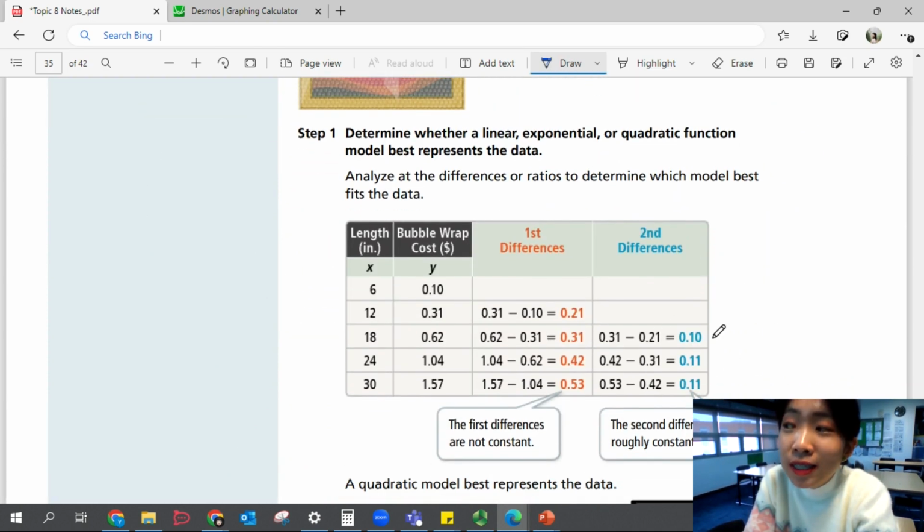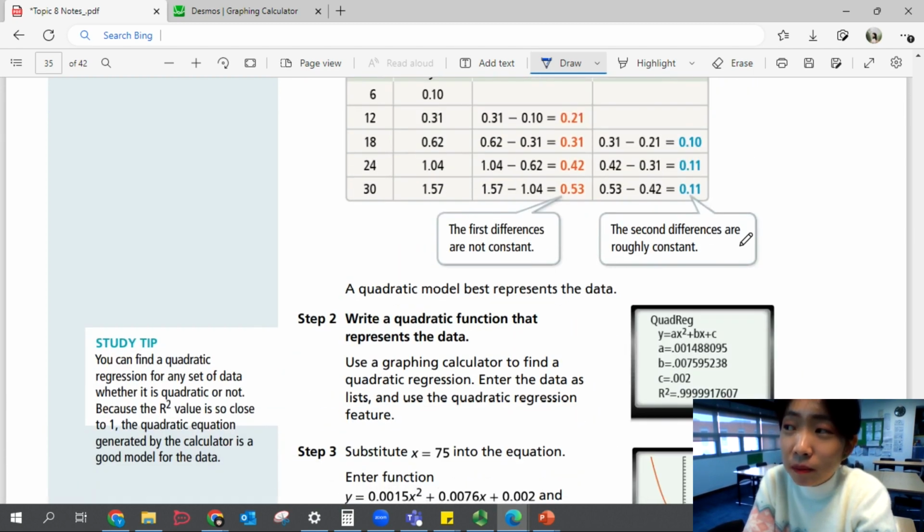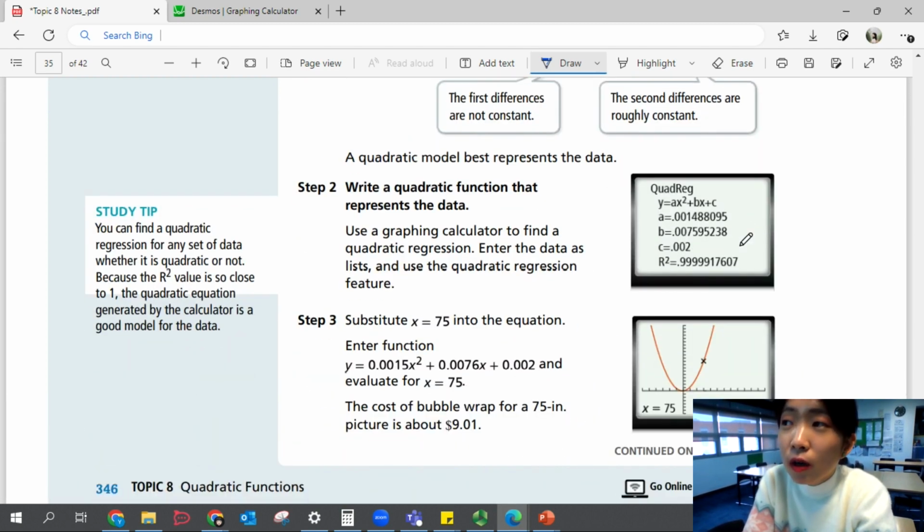So as soon as we see roughly constant differences or ratios, then we can say this model is going to be the best. Okay? So in this case, the quadratic model will best represent the data. You can write a quadratic function that represents the data using a graphing calculator.